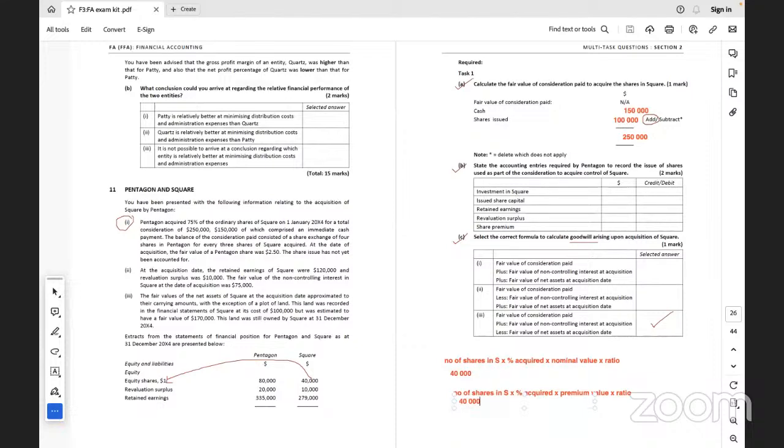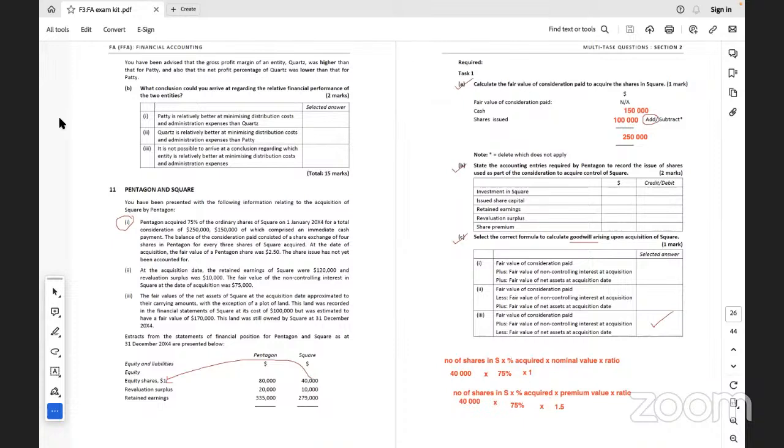Now you have to multiply this by percentage acquired. What is the percentage that has been acquired? The question paper says 75% has been acquired. So 75% over here and then 75% over here. Nominal value is $1. How did we get $1? Normally the value given over here is the nominal value, the minimum value. Then over here we should multiply by the premium value. The premium value is 1.5.